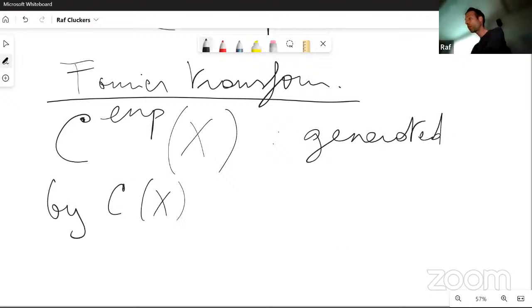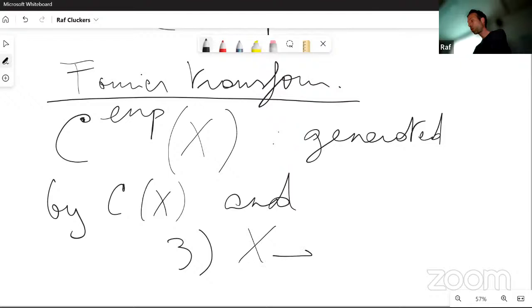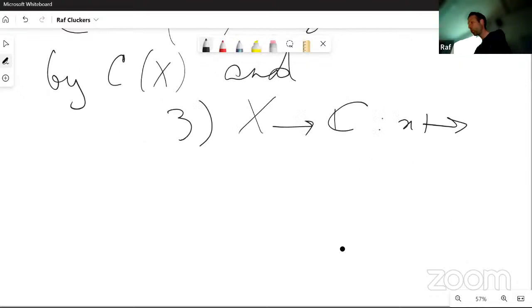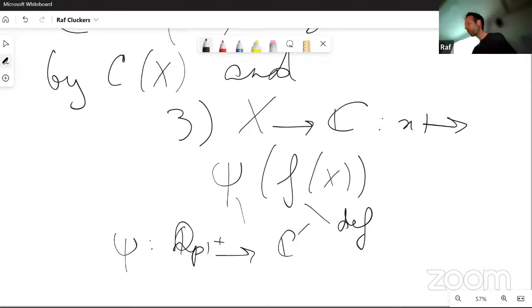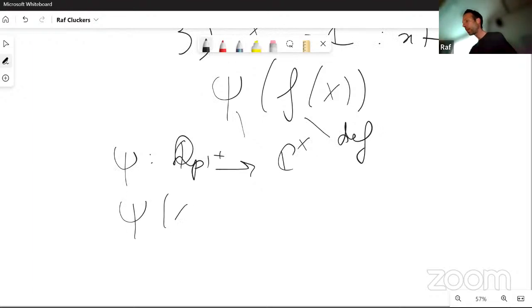So we keep all the previous generators and we add one more kind of generator for complex valued functions, sending x to psi of f of x, where again f is a definable function, meaning the graph is a definable set, and psi is an additive character with a certain fixed conductor to the complex numbers, so a continuous group homomorphism from the additive group. And for concreteness, you can choose psi in a specific way if you prefer.